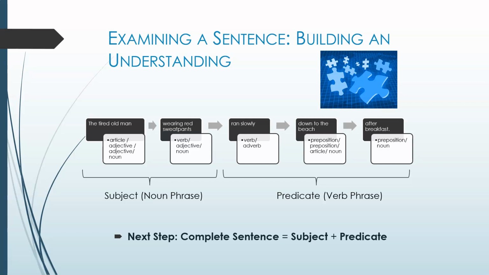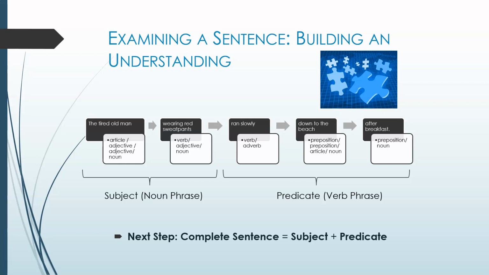As you can see, all of these are just descriptions of the running, making it more specific, and thus are part of the verb phrase that makes up the predicate in this sentence. So then, the next step on our quest to understand the parts of a sentence is understanding that all sentences contain a subject, which is the noun phrase about the noun doing the action, and the predicate, which is the verb phrase containing the action the subject's doing.